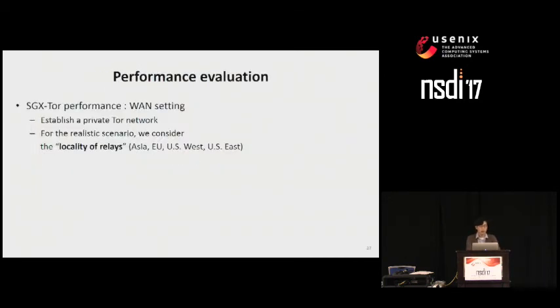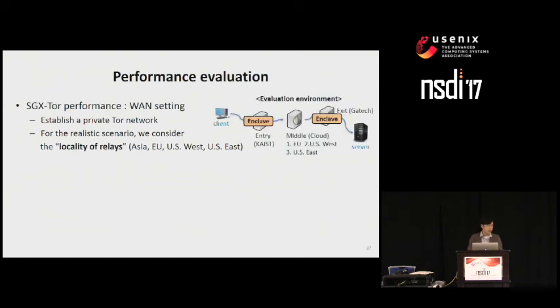To evaluate the performance of SGX-Tor, we construct a private Tor network in a WAN setting. For a realistic scenario, we vary the location of relays. As the figure shows, we run an entry guard in KAIST and an exit relay in Georgia Tech. For middle relays, we use Amazon EC2 Cloud, which are physically located in Europe, US West, and US East.